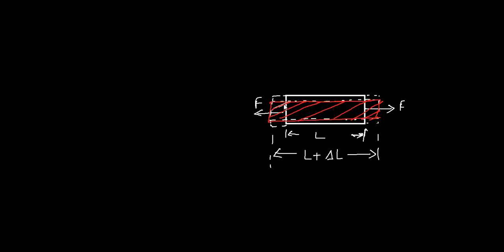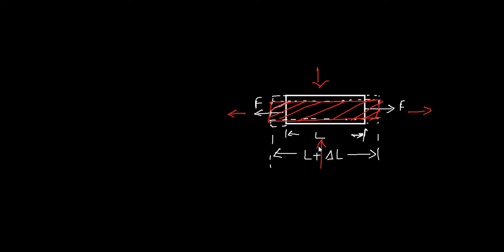The physical fact may be restated: if a solid body is subjected to an axial tension, it contracts laterally. So an axial tension along this axis, and there will be a contraction along the other axis. That is the essence of this concept.